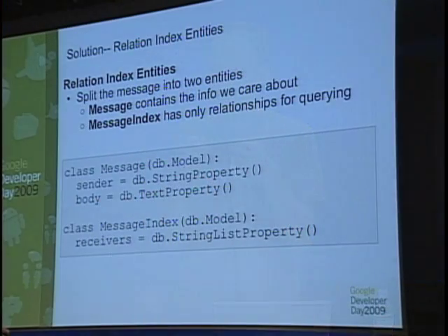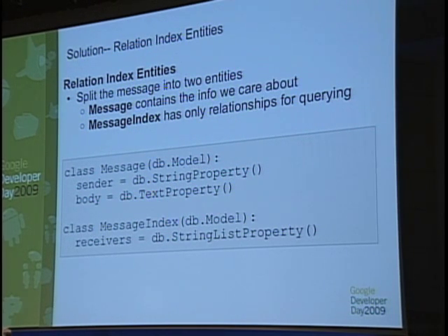What we could do is, in the message index class, so I think your question is, what if the sender is also part of the search condition? Well, what we can do is we can combine receiver and sender together as one value and store that in the message index class, so it's a single key.